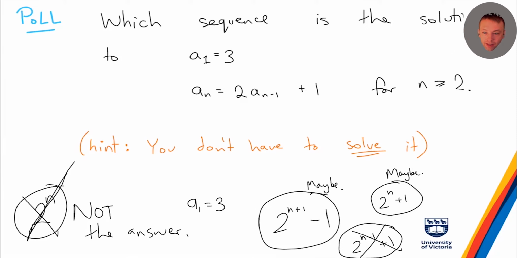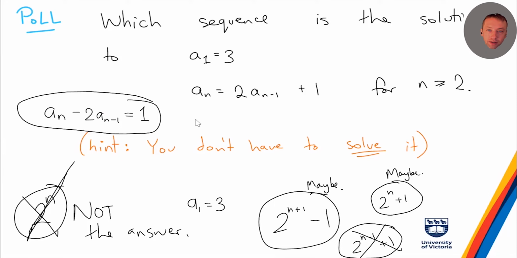So let's look at this one. For me, the easiest way is always to write the recurrence like this, so I've just pulled the an minus 1 over to the other side. And we say, is this true if I plug in 2 to the n plus 1?